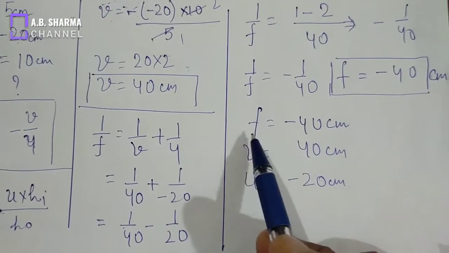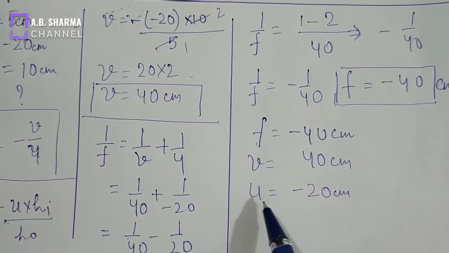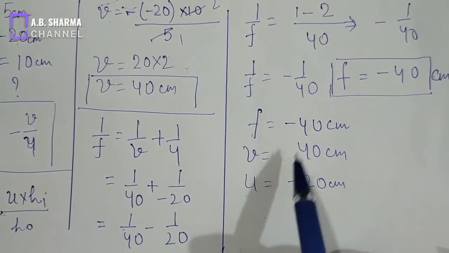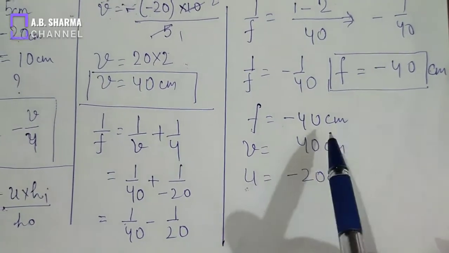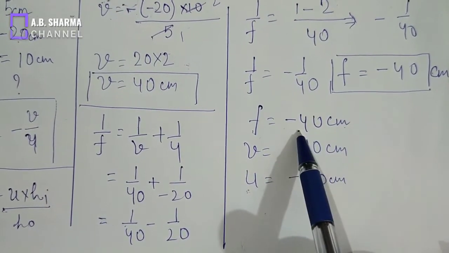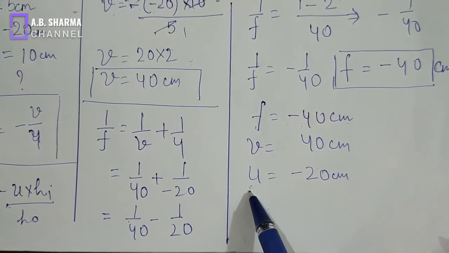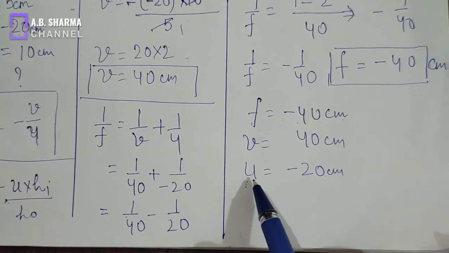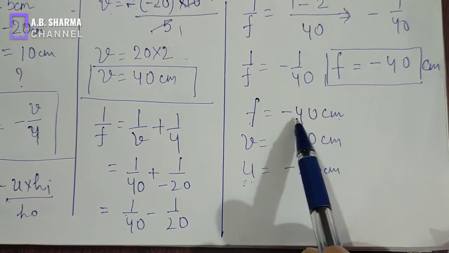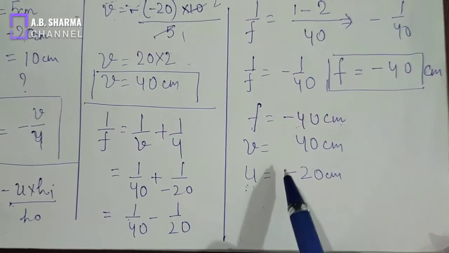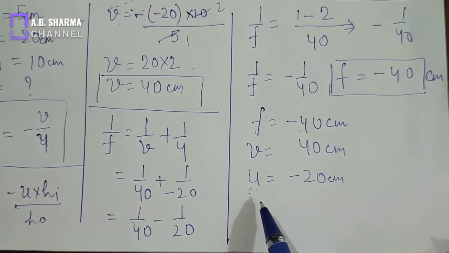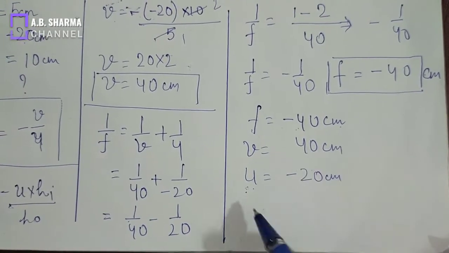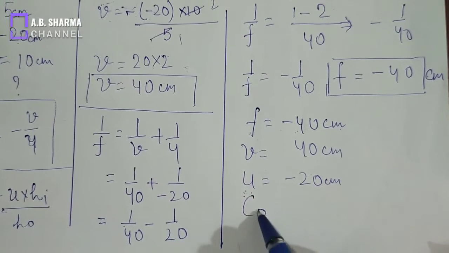From the above information, it is clear that object is placed between pole and focus, that is focal length is larger than object distance. It shows that object is placed between pole and focus. That is why image is formed virtual and larger. So the mirror will be a concave mirror.